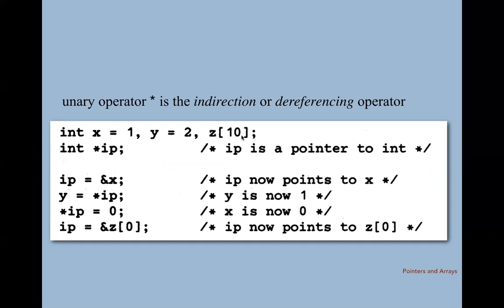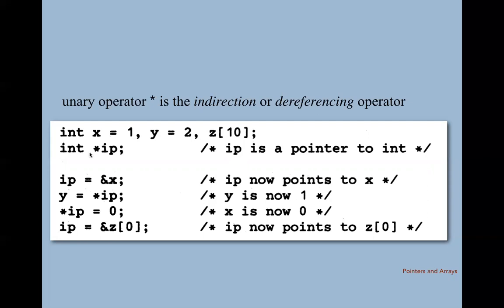If an integer occupies 4 bytes of memory space, it requires 40 bytes because arrays are stored in continuous locations. All these 10 elements have to be stored continuously, so we require 4 into 10, 40 bytes of continuous free memory space to allocate z.